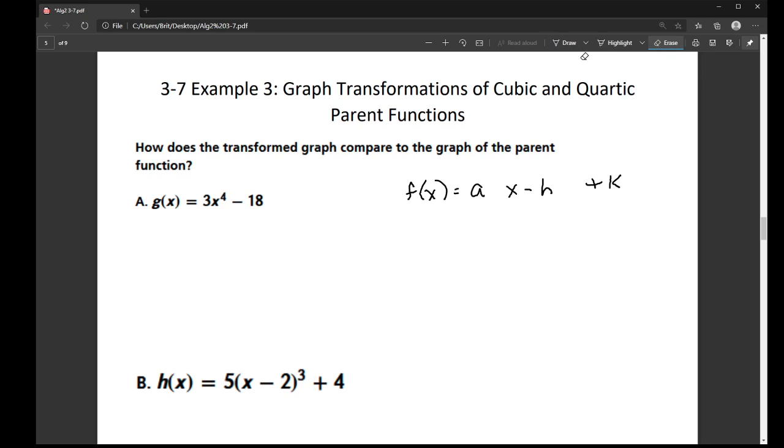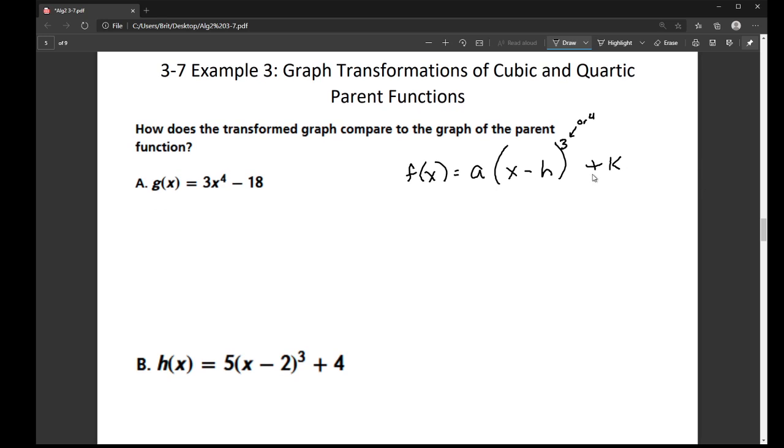All right, these all work the same. So it doesn't matter what function we're looking at. So I'm going to say this could be 3 or 4 right here. All right, so it works for cubic and quartic. So all that we have to do is identify what these a, h, and k values do.